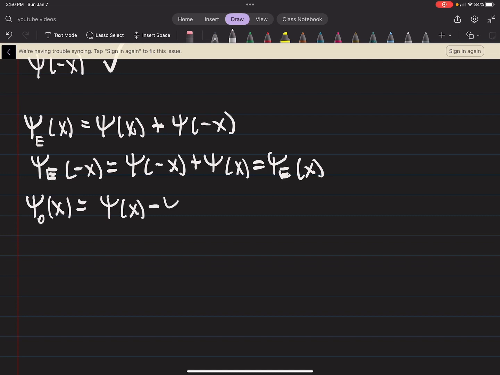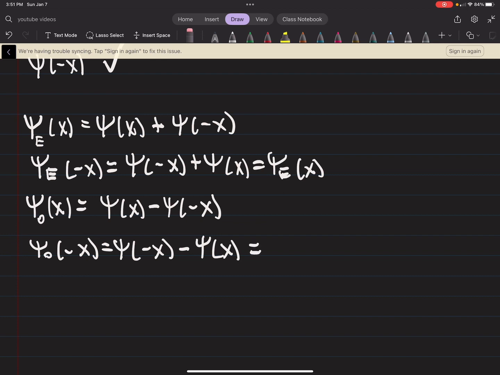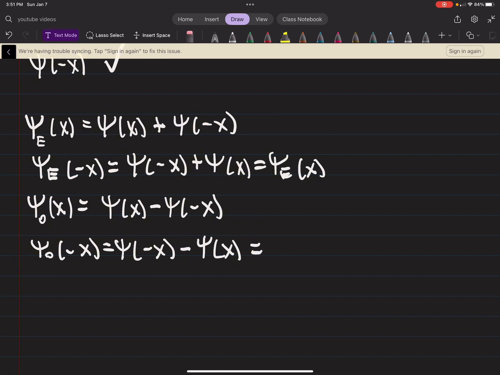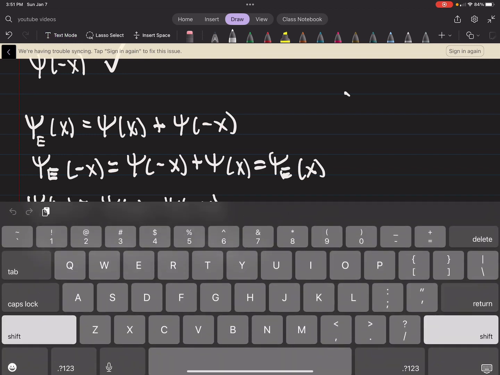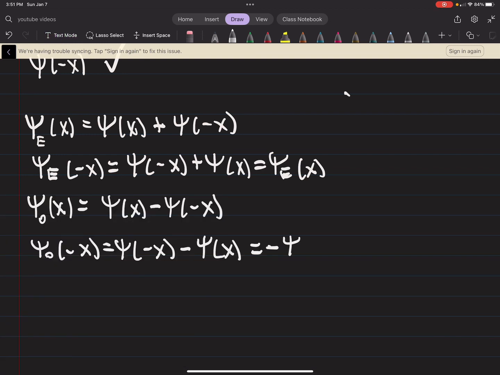Except instead of a plus, we're going to call it minus psi of minus x. And then, if we substitute x with minus x, we get minus psi odd of x.